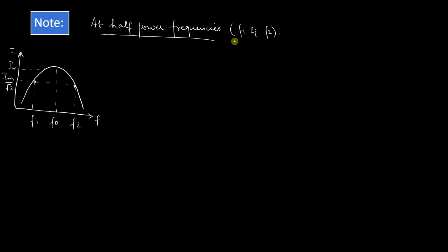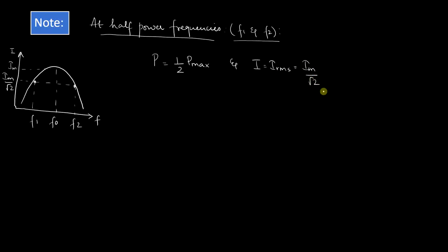Previously we have told that at half-power frequencies the power is equal to half of its maximum value, and the current I is equal to its RMS value, that is Im by root 2.